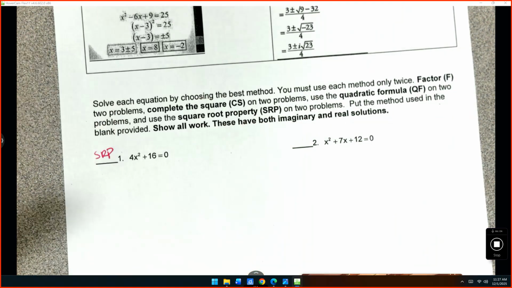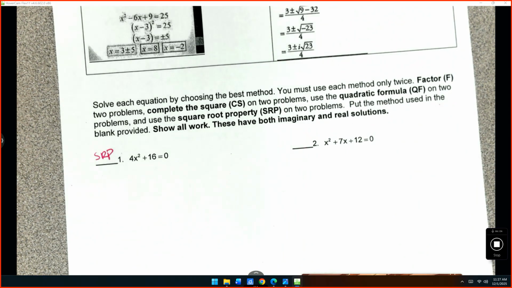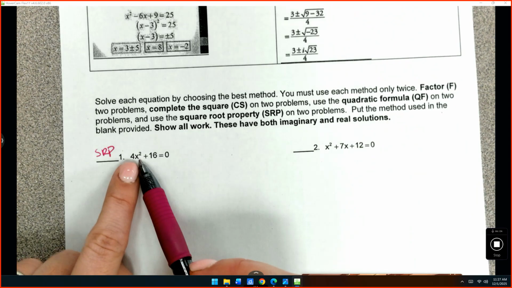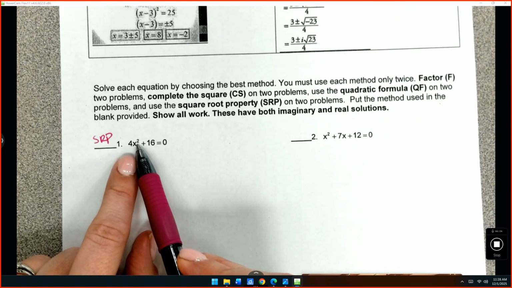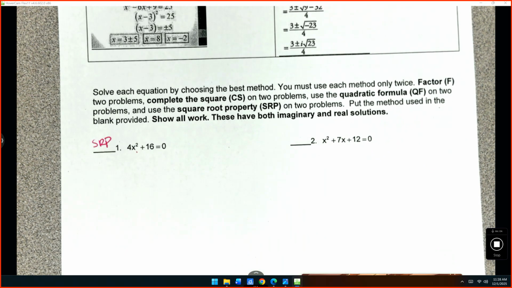And then what is the square root property? Square root property, this is where we want to get the squared term by itself. So I want to get the squared term by itself, so that would be just the x, right?